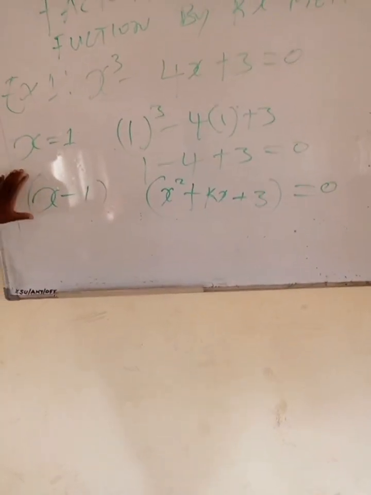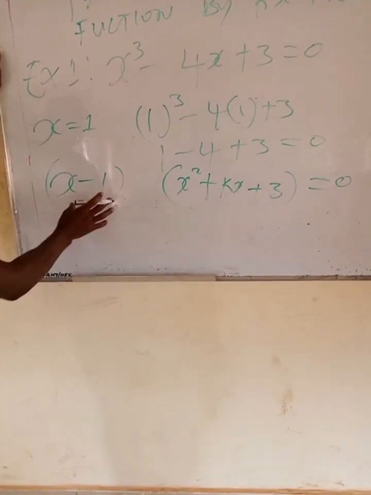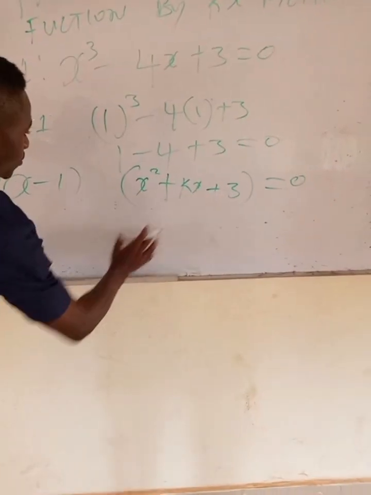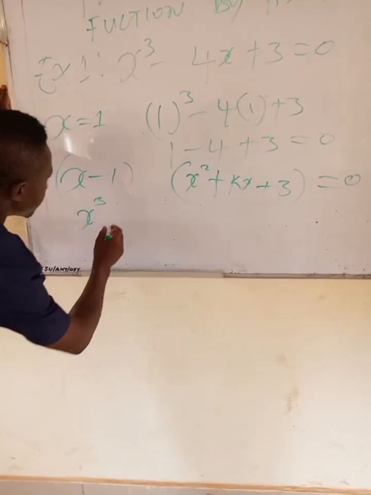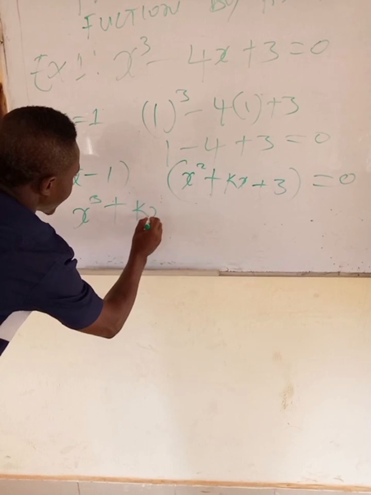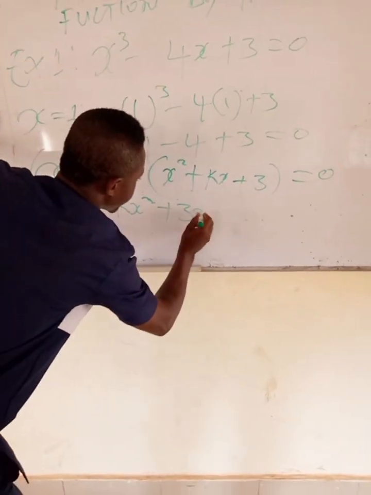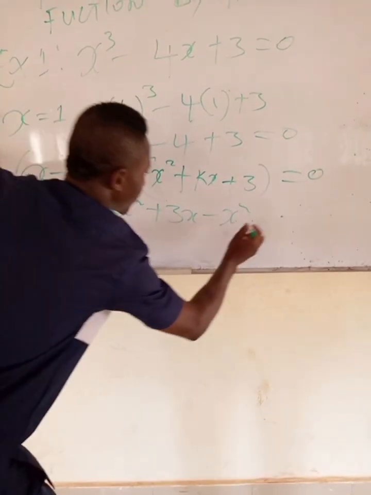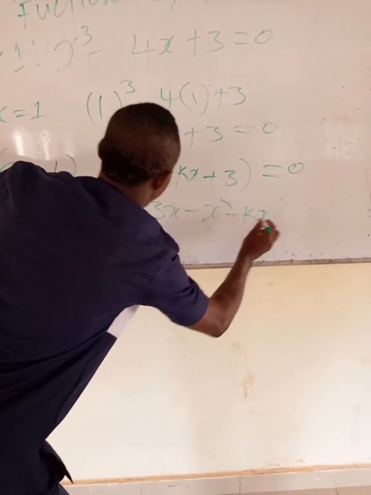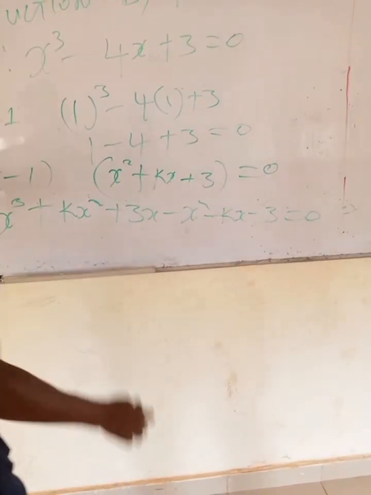At this point, we go by expanding this factor and this factor, which will result to s cubed plus ks squared plus 3s minus s squared minus ks minus 3 equals to 0.